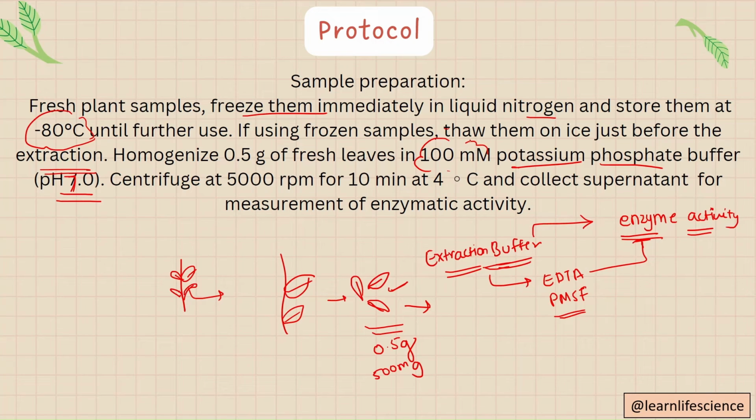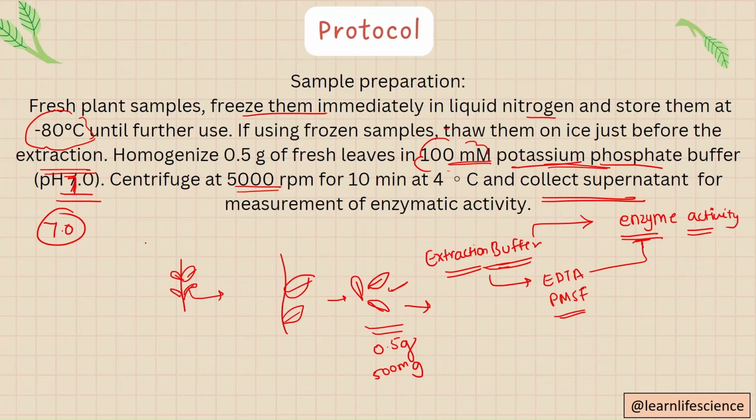Initially you can carry out the process simply by crushing the leaves in 100 millimolar potassium phosphate buffer, which is of pH 7. Okay, pH 7 is mandatory to keep the condition neutral. Now, after crushing them, you will have to centrifuge it at 5000 rpm for 10 minutes at 4 degrees Celsius, and then simply collect the supernatant for measurement of enzyme activity.